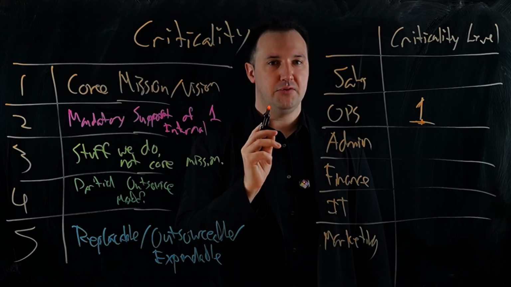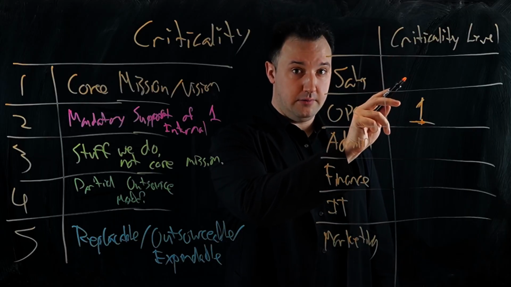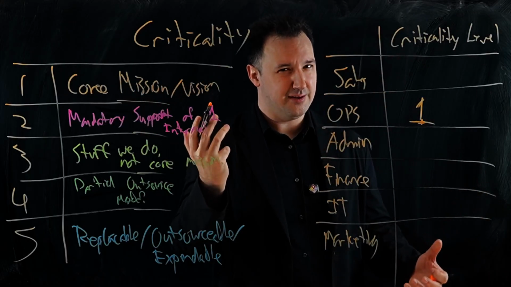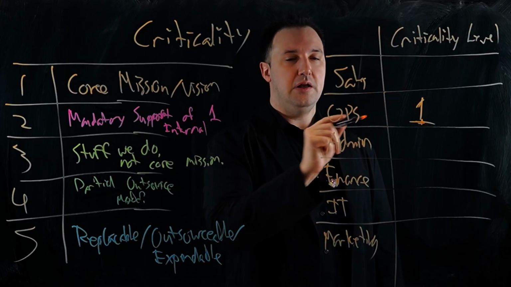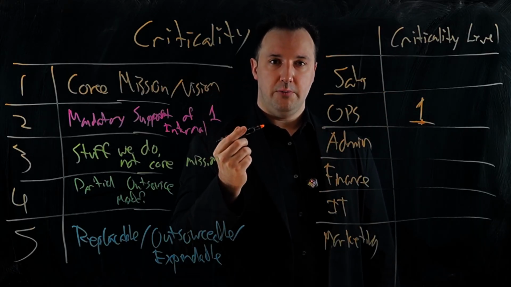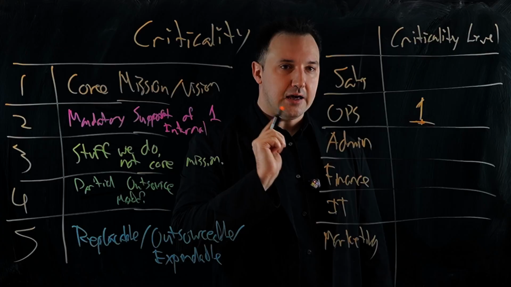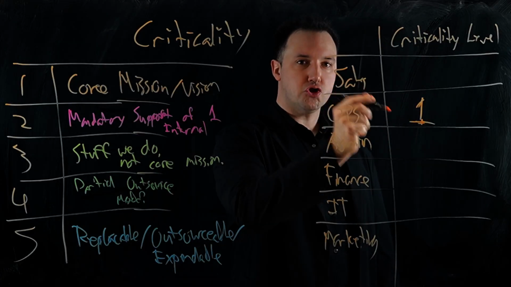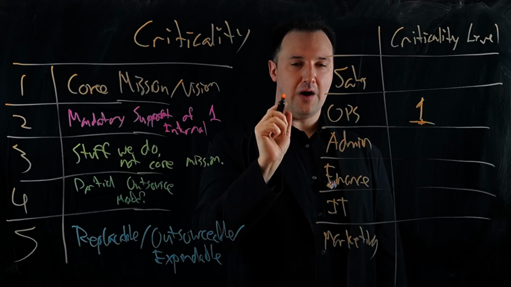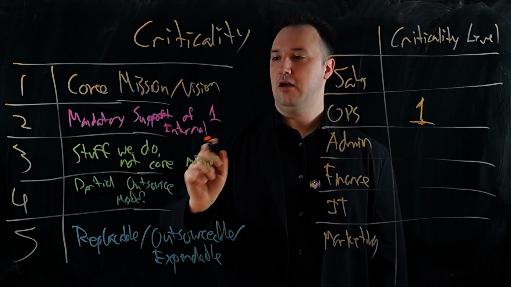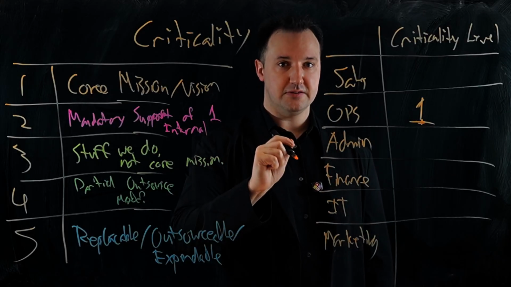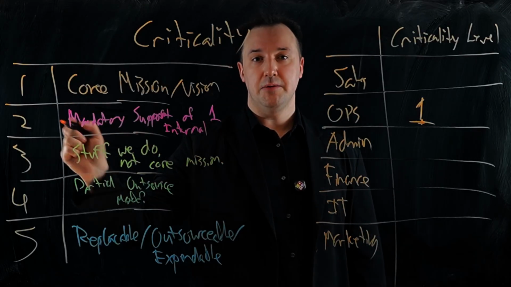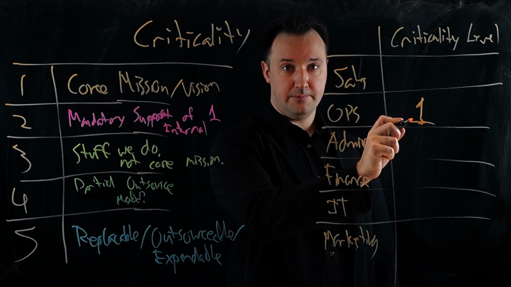I'm debating between making sales another 1, because these both can be 1. You can have two, you could have everything at 1 potentially. It's not likely, but you could, and giving it a 2. With what I'm reflecting on, I'm thinking that they want to make stuff and sales helps them ensure that it gets delivered. So in this particular company's instance, because they're not trying to acquire new clients all the time, it might be a level 2, it might be a mandatory support of 1.